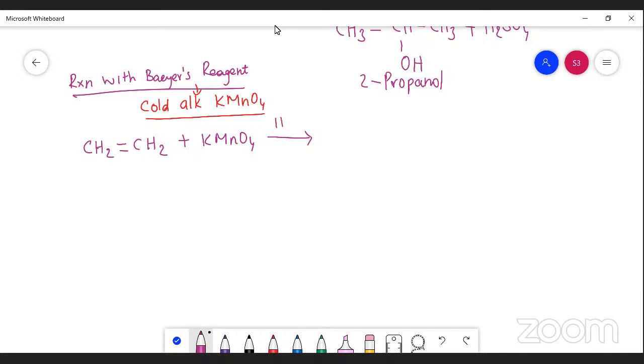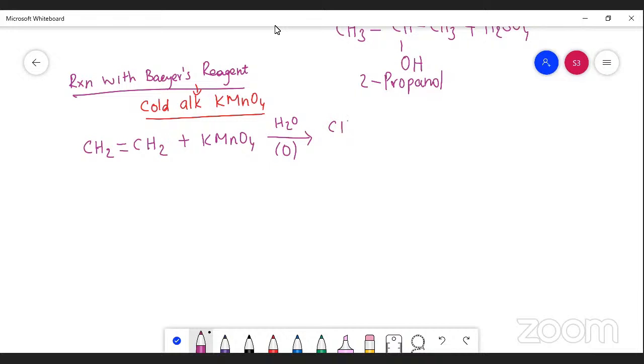In the presence of water, the KMnO4 reacts with the water and that oxygen, so that we get dihydroxylation.